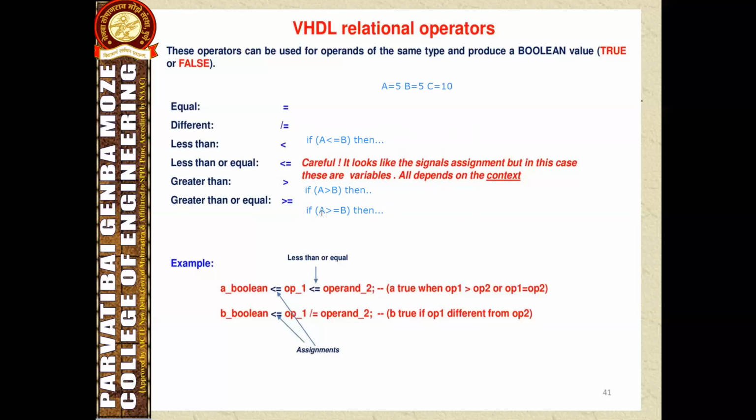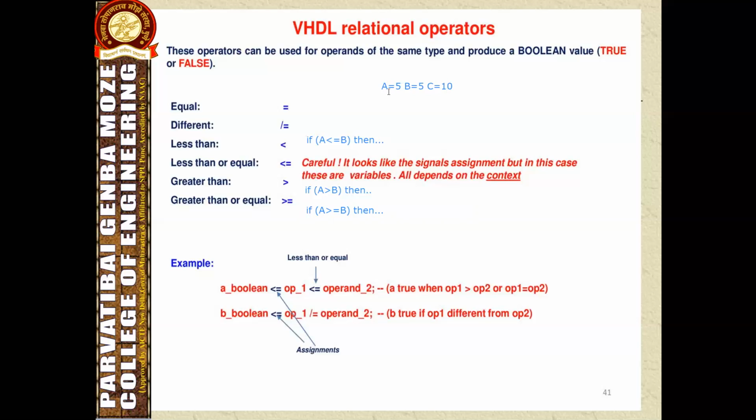In this case, the value of A is greater than B or equal to B. So checking these two conditions, if for example A holds 5 and B also holds 5, here one condition fails, A is not greater than B.